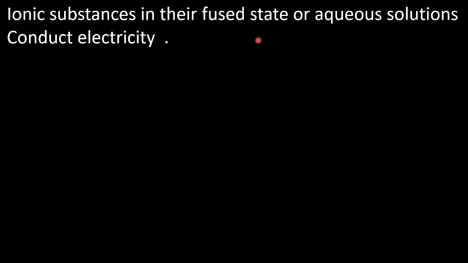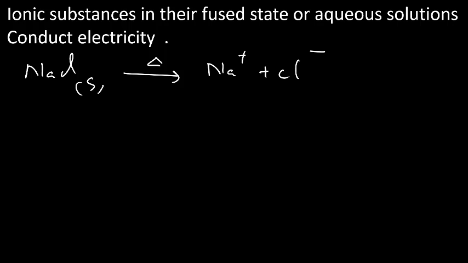Ionic substances in their fused state or their aqueous solutions conduct electricity. Fused state means NaCl solid, when it is heated to high temperature, ions are separated from each other. As ions are separated from each other, under the influence of electricity these ions move towards oppositely charged electrodes. Therefore, passage of electricity is possible.